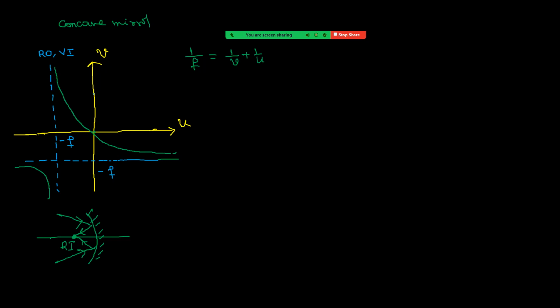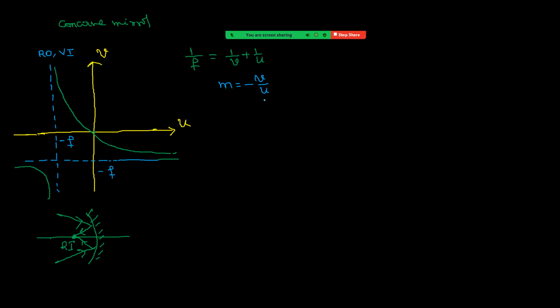Okay. So here, see carefully, magnification M equal to minus V by U. V is now positive, U negative. U negative, negative of negative is positive. And V value positive.